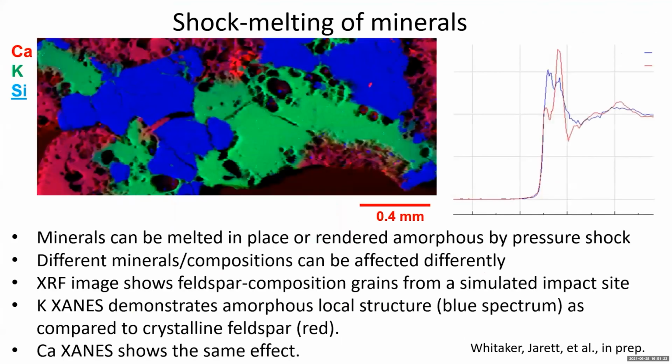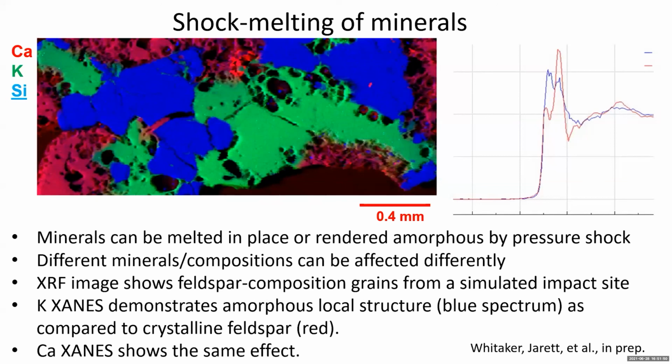And the last example that I want to talk about is an example of shock melt of minerals. Minerals can be melted in place or rendered amorphous by a pressure shock wave. And different minerals or compositions of minerals can be affected differently. This image shows feldspar composition grains from a simulated impact site.